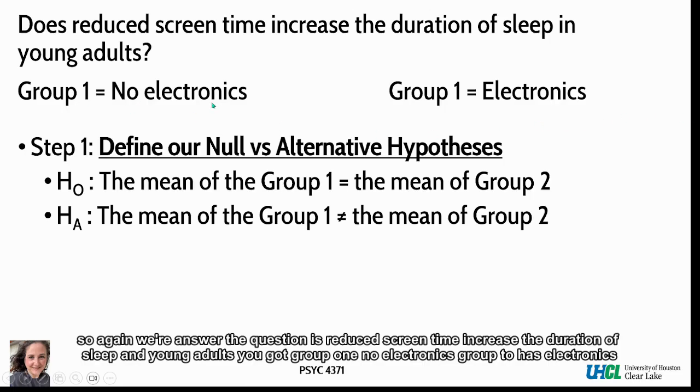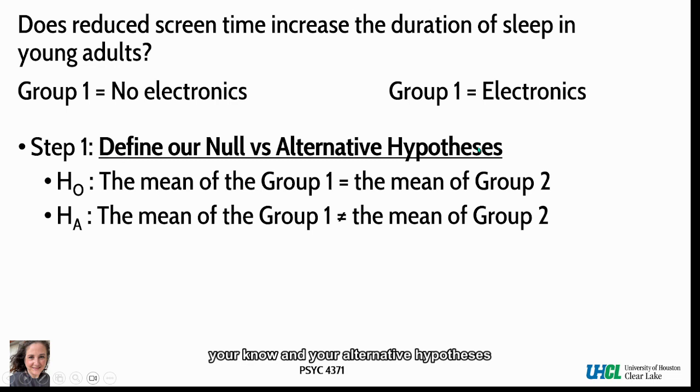So again, we're answering the question, does reduced screen time increase the duration of sleep in young adults? You've got group 1, no electronics. Group 2 has electronics. Your null hypothesis is that the mean of group 1 is equal to the mean of group 2. Now, this is going to be true in a specific situation for certain t-tests.